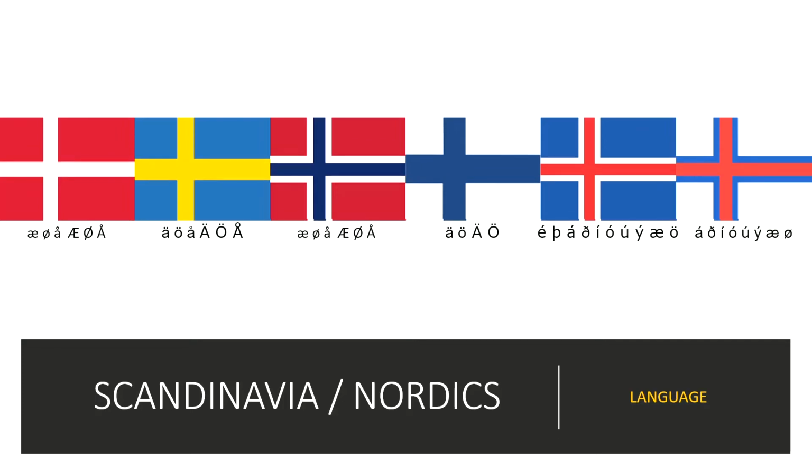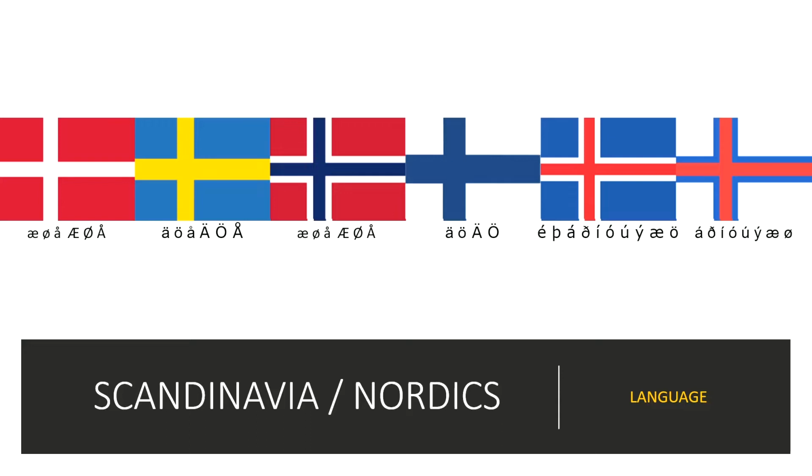When it comes to the language, there are some letters in the alphabets that can be unique from each other. Denmark and Norway have the same kind of thing going on: Æ, Ø, Å. That's at least how you pronounce it in Danish. I don't know how you pronounce it in Norwegian and Swedish, but Sweden also has an Ö. And Finland and Sweden have two similar ones.